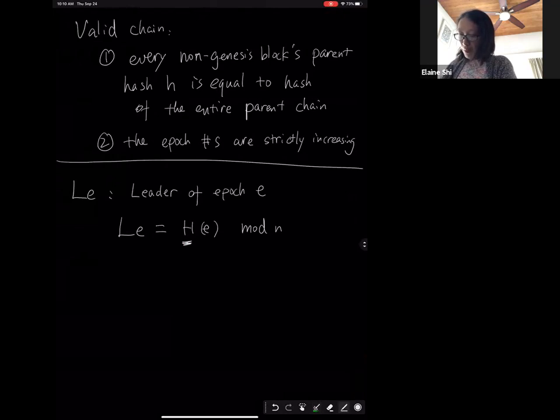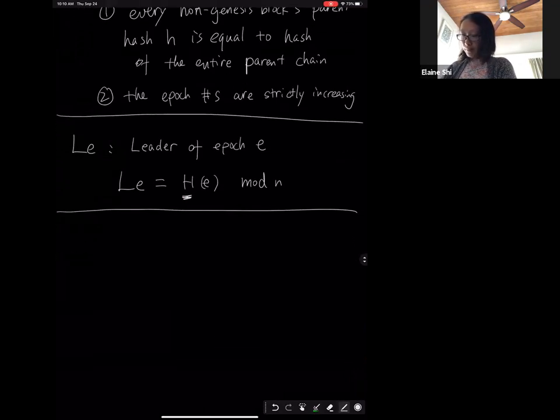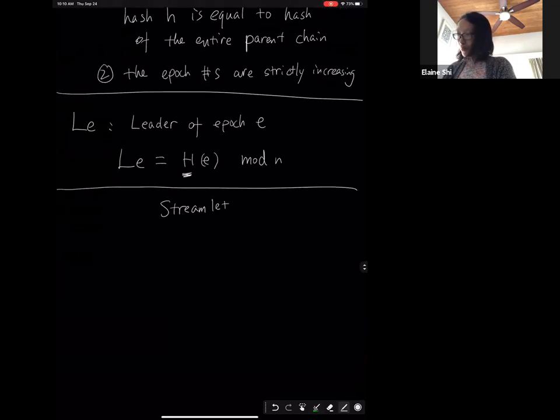So let me now tell you the protocol. I'll write down a more formal version, and then maybe you can ask questions. I'm pretty sure there'll be questions. Essentially, like I said, the protocol goes propose, vote, propose, vote, propose, vote. So the epochs will advance.